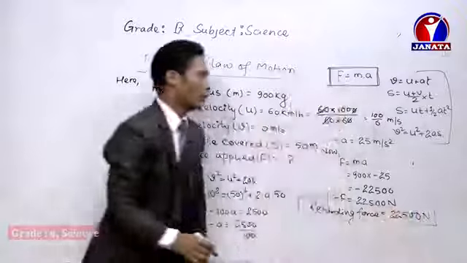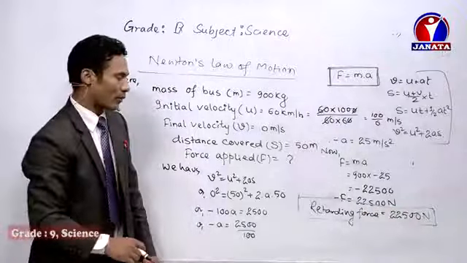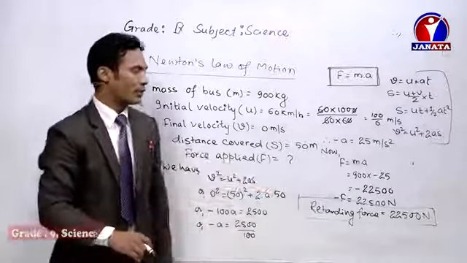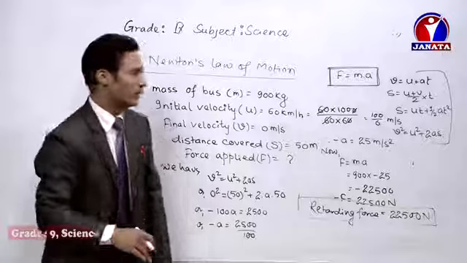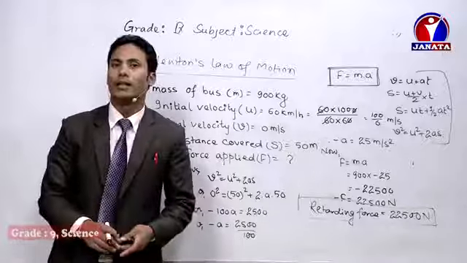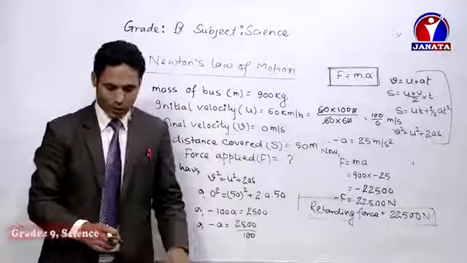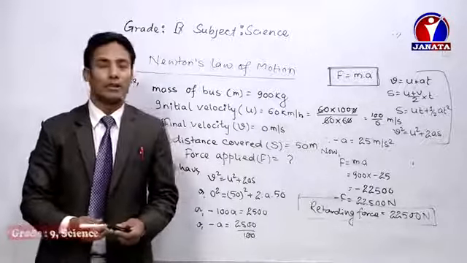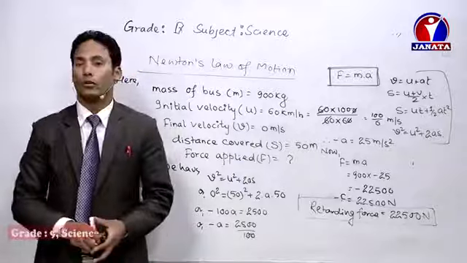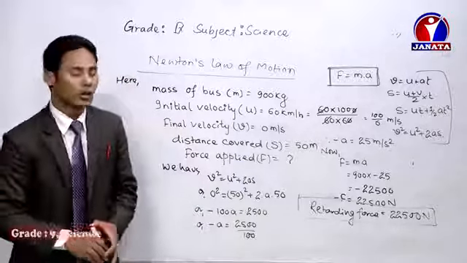So the bus comes to rest by applying the brake. A 22,500 Newton force should be applied to bring this bus to rest. By this process we can solve numerical problems related to Newton's second law of motion.